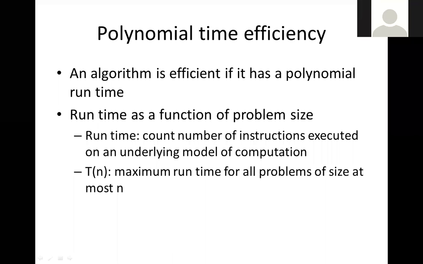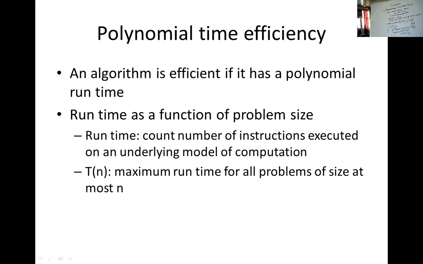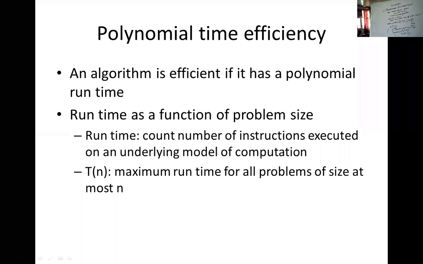Whenever you solve any problem in polynomial time, that is n square, n cube, that is called polynomial time. It means as your problem size increases, your time will also increase. Suppose the problem size has increased from n to n square, then in the same way your time will also increase to n square. So that is called polynomial time.